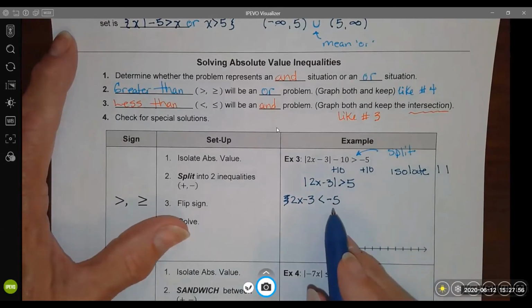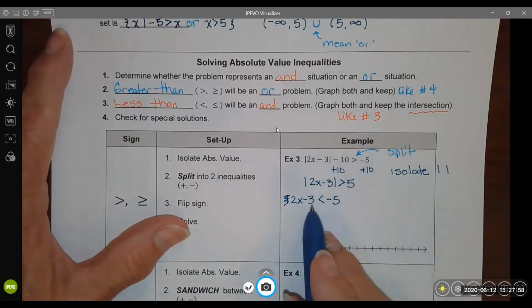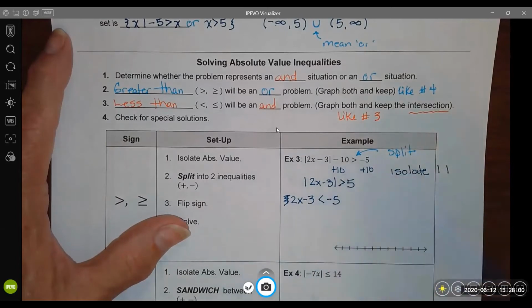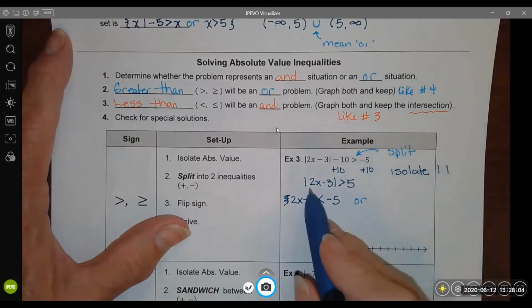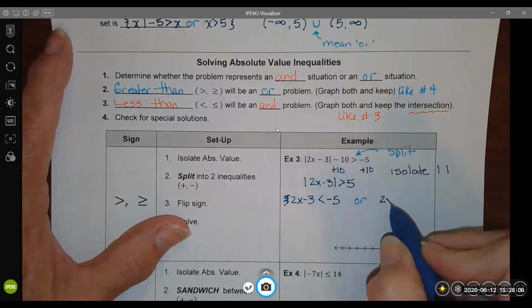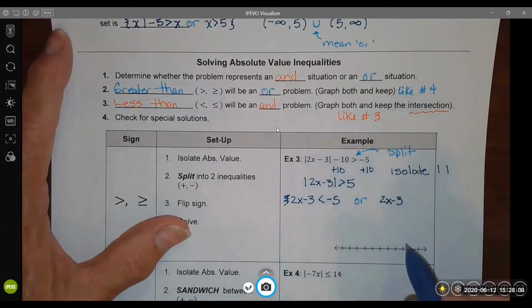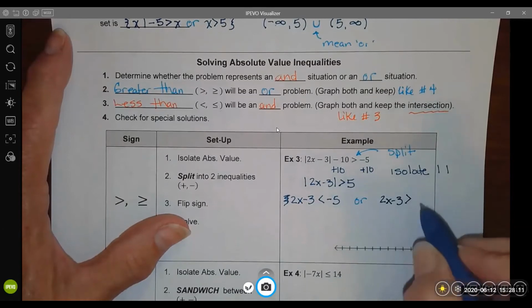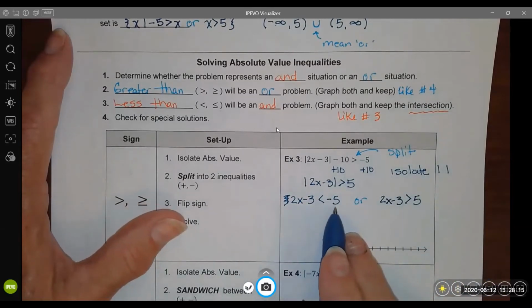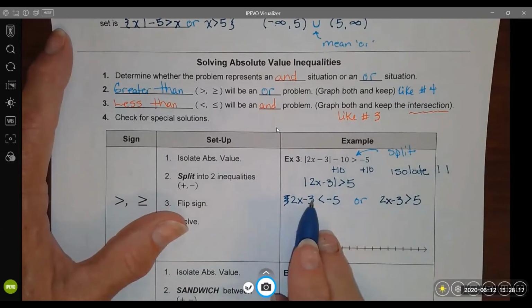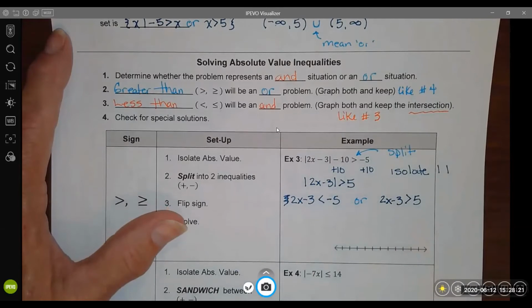The only way I can do that is to be a number that is less than negative 5. Or, just like we talked about above, whatever's inside my absolute value symbol has to evaluate to something that's greater than 5, because whatever this is has to be more than 5 units from 0. So that's how we set up this split.